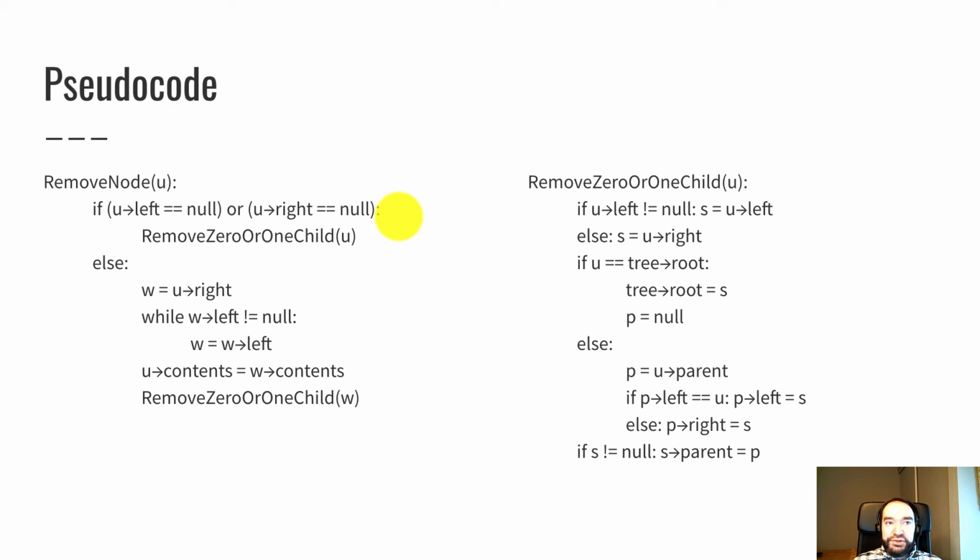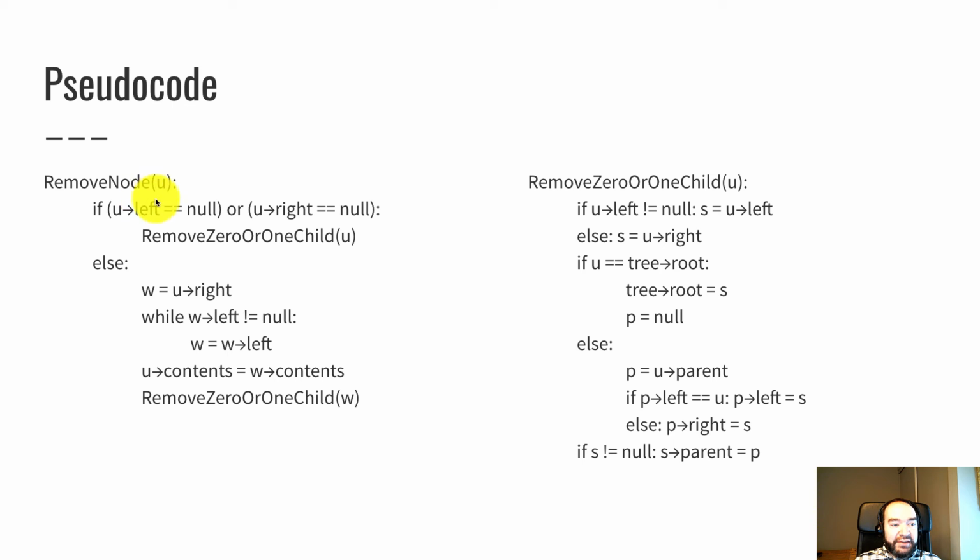If one or two child pointers are null, then the number of children is 0 or 1, right? Because at least one of the child pointers is not a child. So if either of those child pointers is null, then we call our remove 0 or 1 child function on u. That will do the work of taking the node u out, given the assumption that u has less than 2 children. Otherwise, u has 2 children.